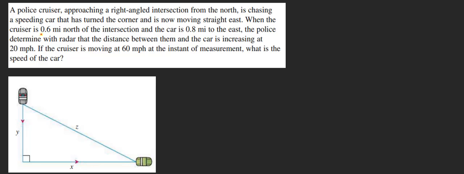When the cruiser is 0.6 miles north of the intersection, that means y equals 0.6, and the car is 0.8 miles to the east. That means the x will be 0.8.